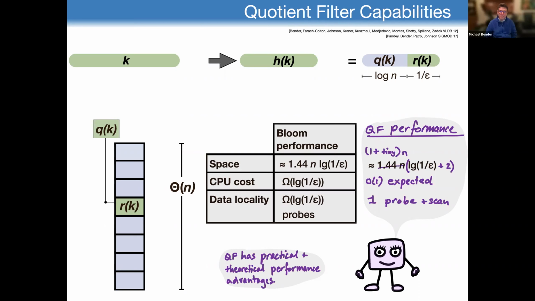So the answer is, the quotient filter turns out to be hard to program. I've programmed this in a high-level language, which is called Graduate Student.